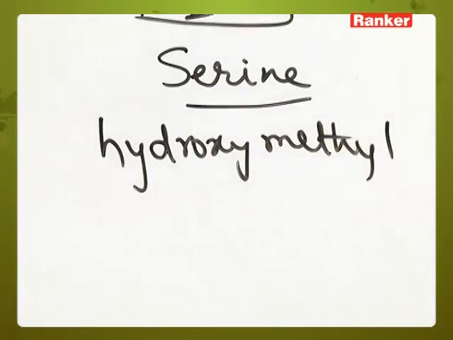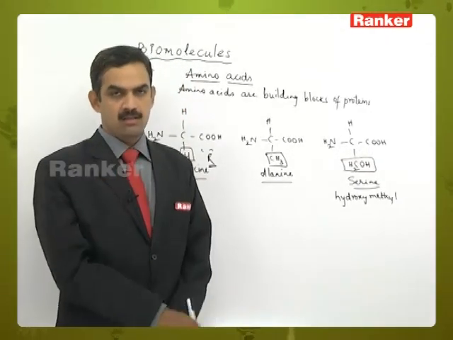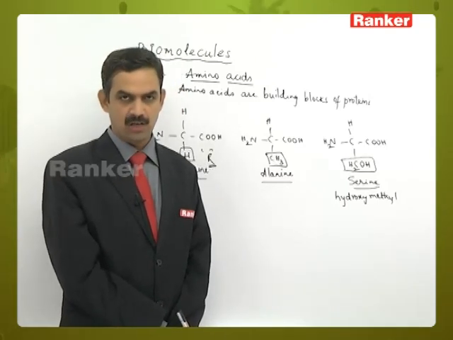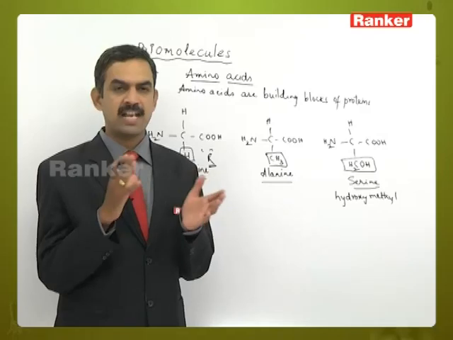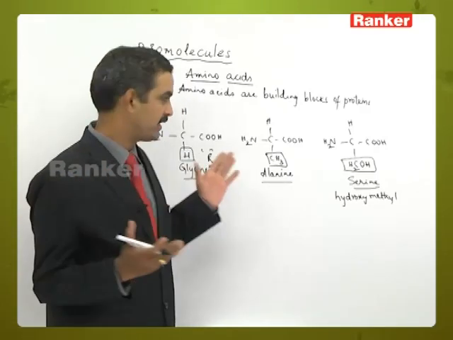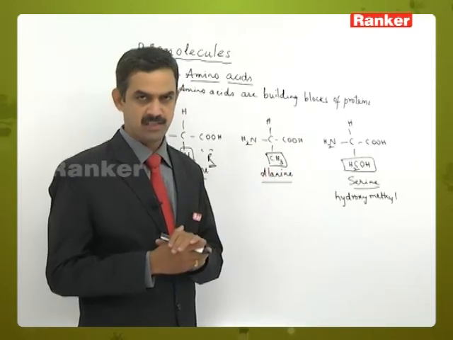Some may also have other alkyl groups, and some may have an aromatic nature. Likewise, the name of the amino acid changes based on the type of alkyl group present.